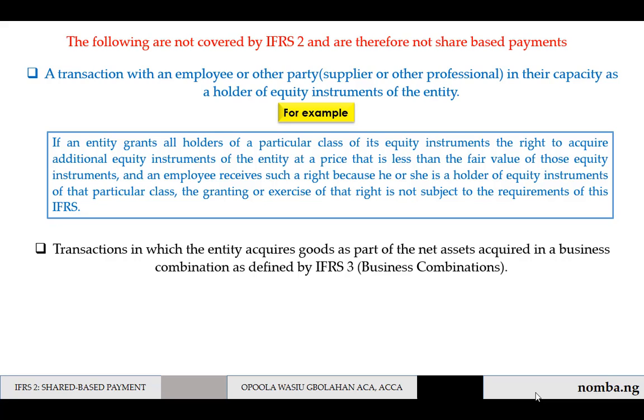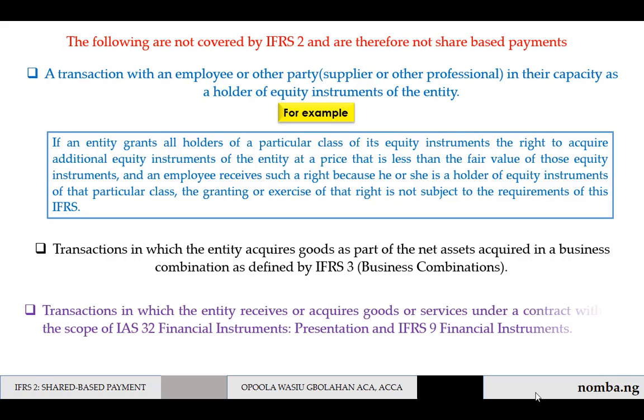They are not share-based payments. All those principles that you learned under group accounts, where an investor acquires equity interest in another entity and has control of that entity, you know that he's acquiring an equity instrument. That is not share-based payment, please.